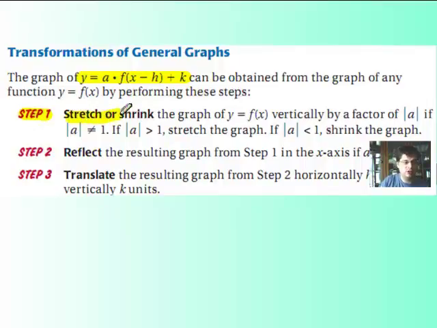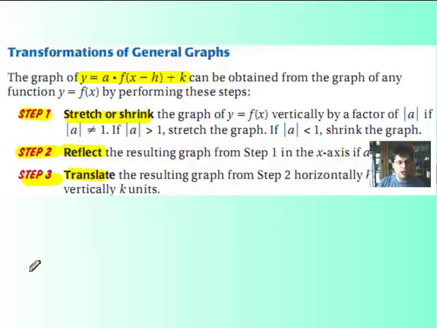Now the order we want to do this in is, first, in step one, we want to take care of any stretch or shrink. And then we're going to want to deal with the reflection. Now you can actually stretch and shrink and reflect in a single step, but if you are not quite comfortable with that, which is fine, then you can stretch and shrink it, then reflect, and then finally, in step 3, we will translate it horizontally h and vertically k units respectively.